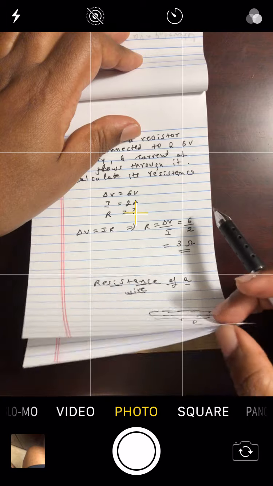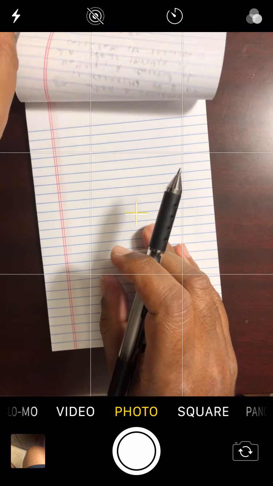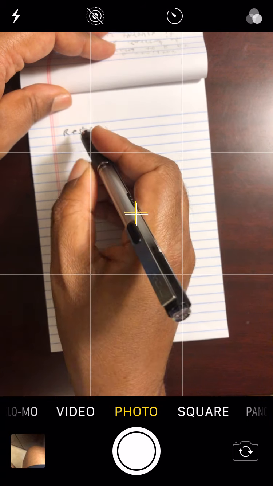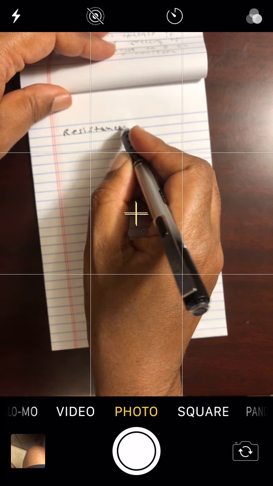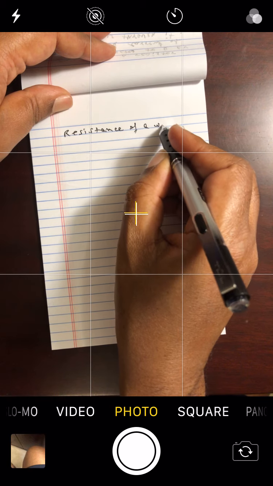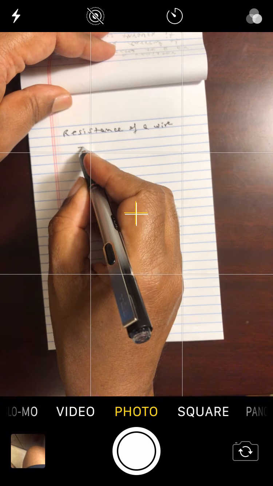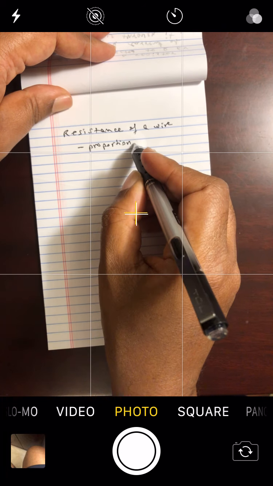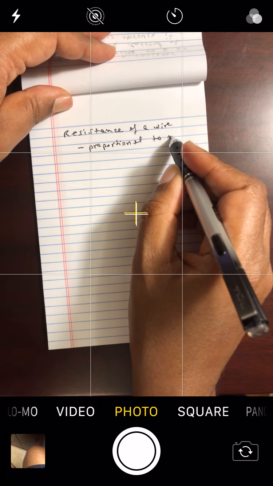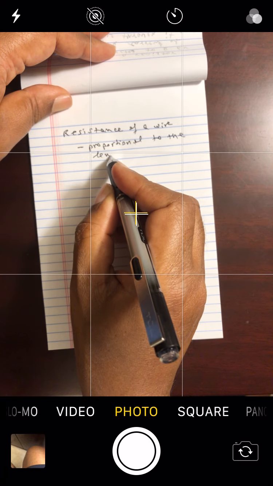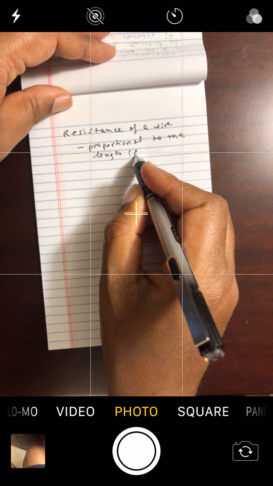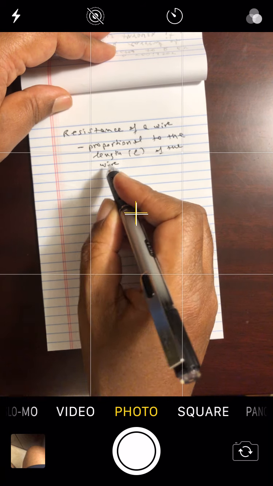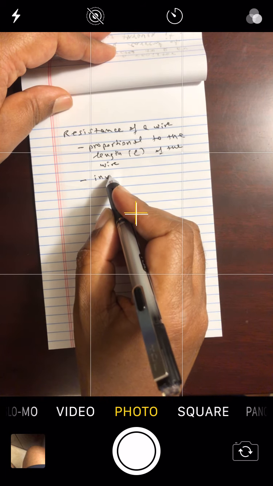So we have the following proportionalities. The resistance of a wire, we have these two relationships, is proportional to the length L of the wire, and the other relationship is it's inversely proportional.